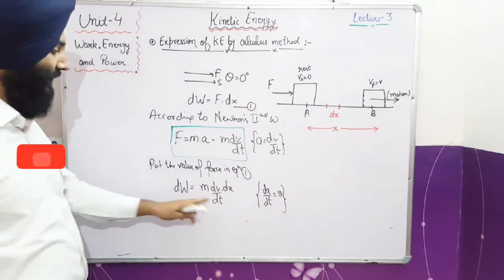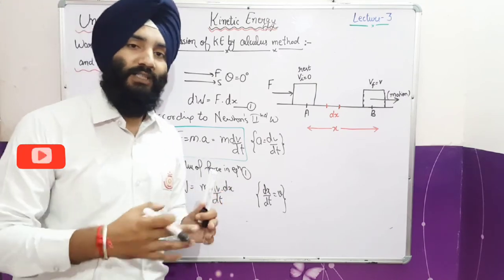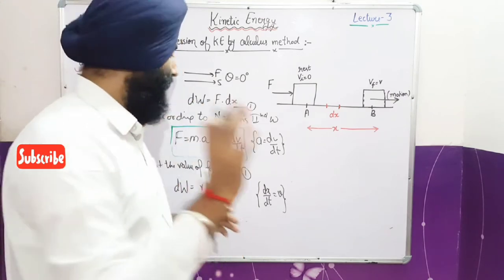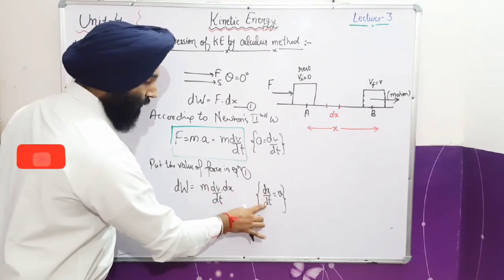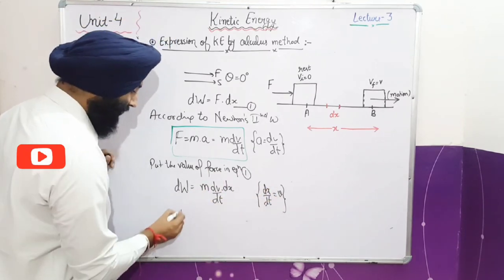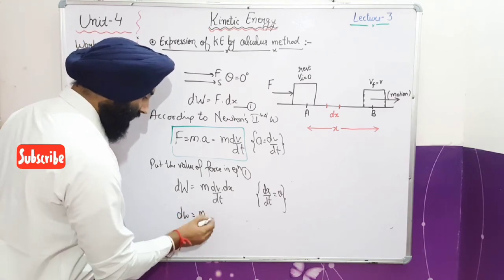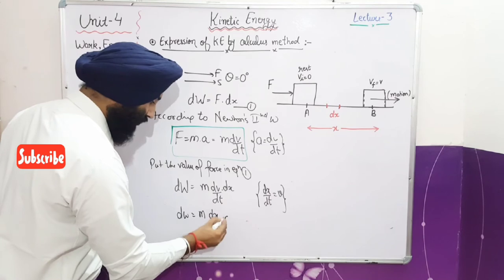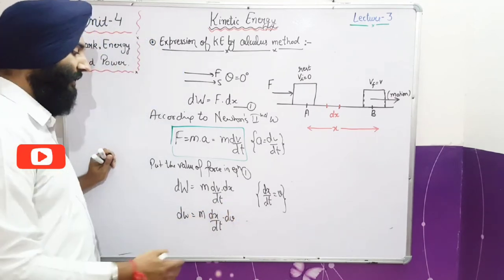Because here we have two variables, one is velocity and one is position. So we have to convert our equation into one variable, children, either in terms of displacement or in terms of velocity. So we know that dx upon dt is velocity. So I am rewriting this equation as m dx upon dt into dv. To make the equation simpler, what did I do, children?